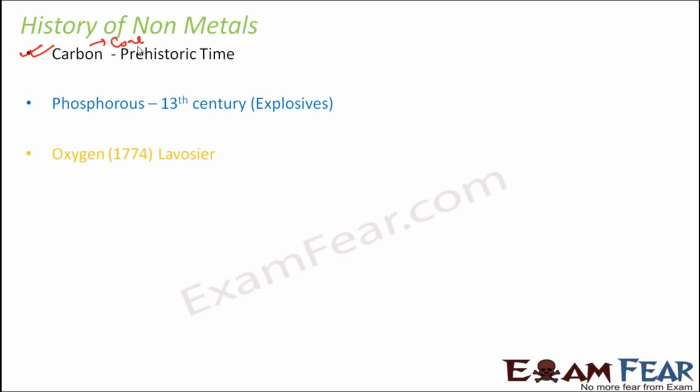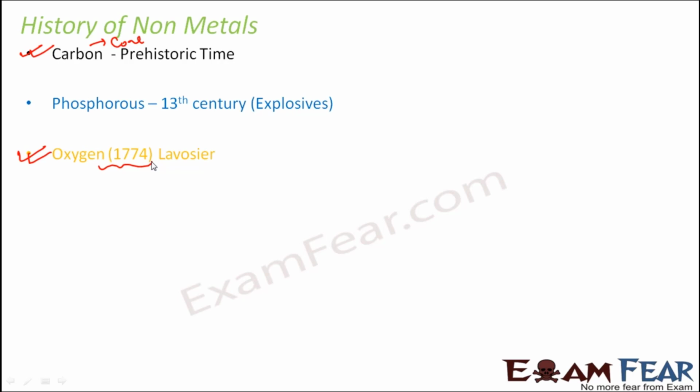Next was oxygen, which was in 1774. So you see, oxygen is something which is so much important, right? Oxygen is present in our atmosphere. The air is composed of almost 21% of oxygen. In fact, the entire earth has almost 50% oxygen, because when you talk about the oceans, they contain what? Water. Water is hydrogen and oxygen.